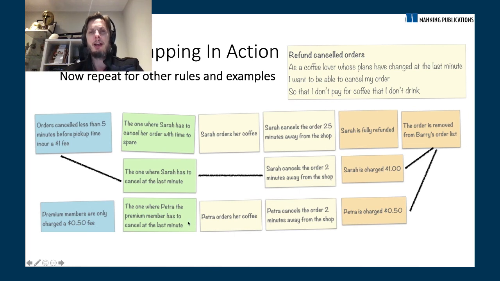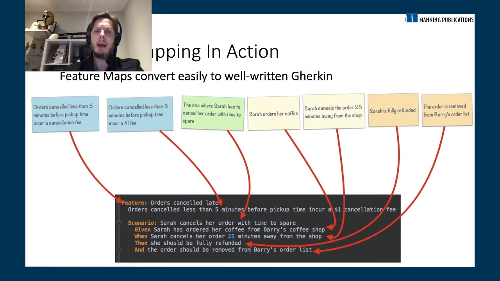And so when I say feature mapping, it does two things. It's very intuitive, so it's very easy to teach people how to do this. Business owners pick it up very quickly, so it's quite easy to show people how to do this and to have really productive conversations. But when we're doing this, we end up with a format that maps very closely to quite reasonable given when then statements.